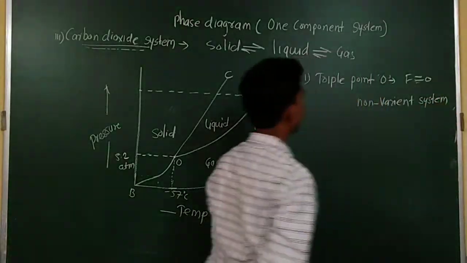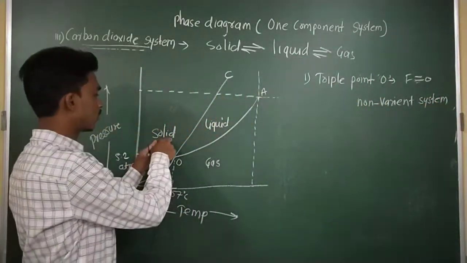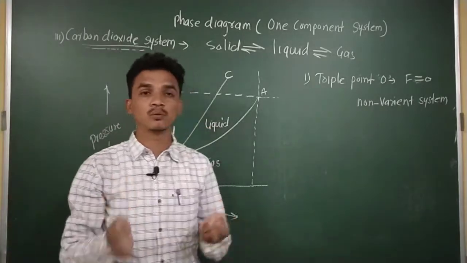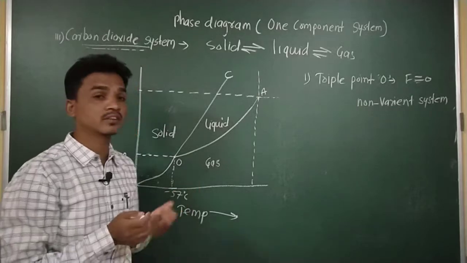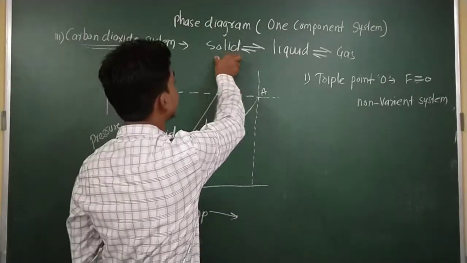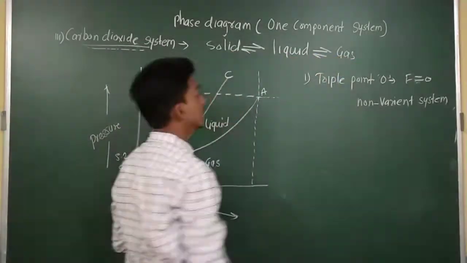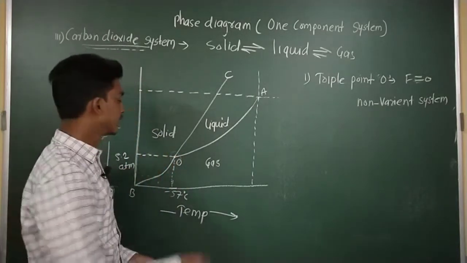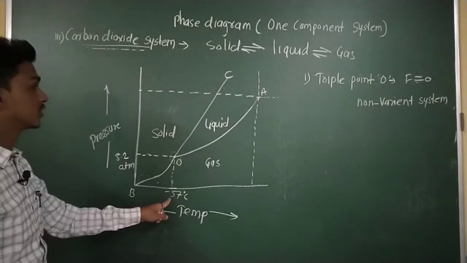Non-variant system. If you want the solid, liquid and gaseous states of carbon dioxide together in this carbon dioxide system, then you have to collect the sample at this point. The temperature and pressure are given here.